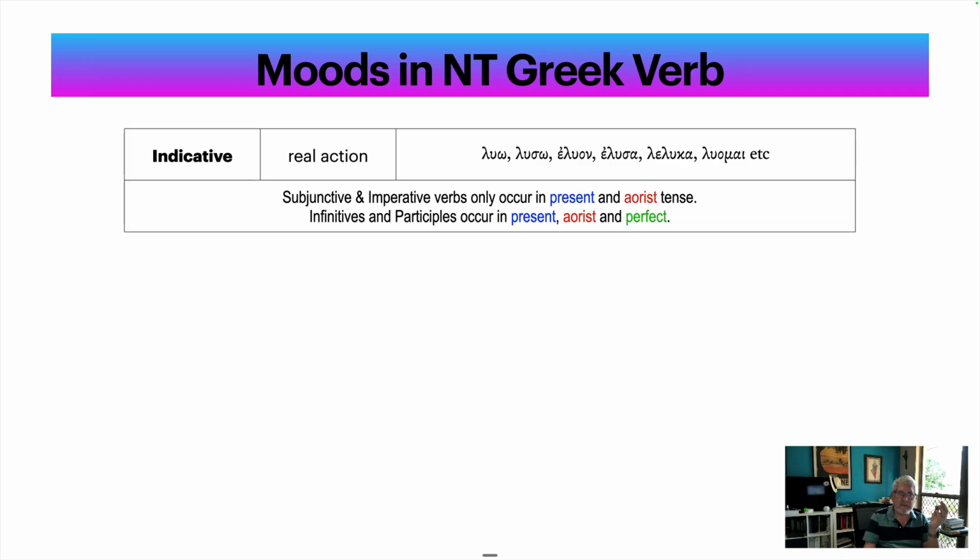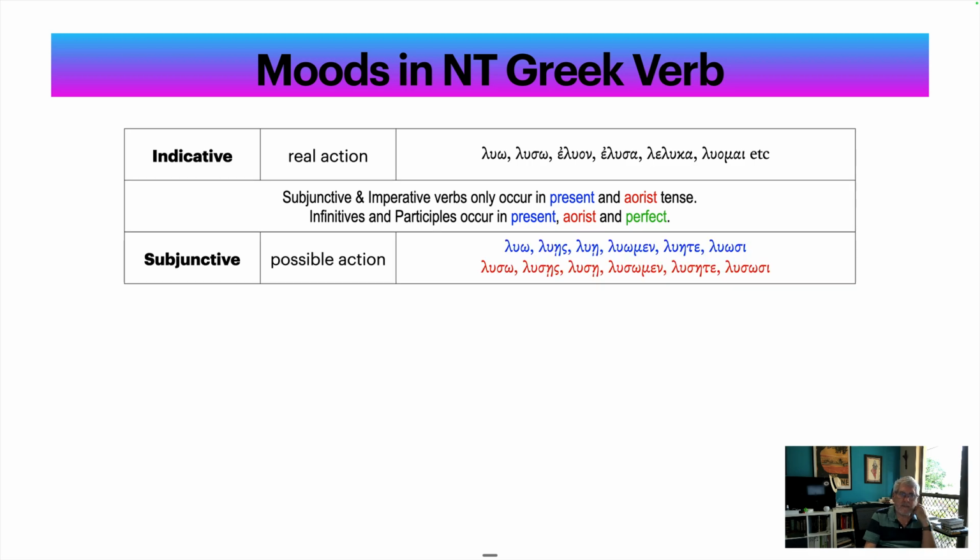So subjunctive and imperative verbs we're going to find in the list that follows only occur in the present tense and the aorist tense, whereas infinitives and participles can also occur in the perfect tense. So when we look at the subjunctive, we're talking about something which might happen. Perhaps it's desirable that it happen. We'd like to encourage it. It might be happening as a consequence, a result of something else.